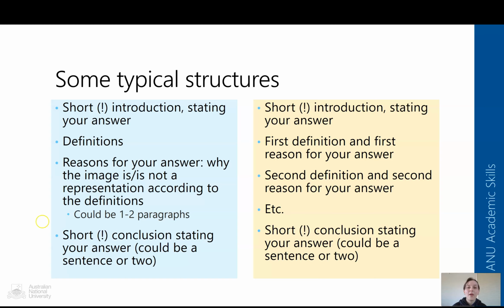And another structure that you could do is that if it's too hard to group all the definitions together, or if you find that it gets quite murky, if you find that it's actually easier to separate out the definitions and apply them with different reasoning to the image, then you could actually divide it up to give one main definition and application to the image, and then another reason for why, according to another definition, the image is or is not a representation.